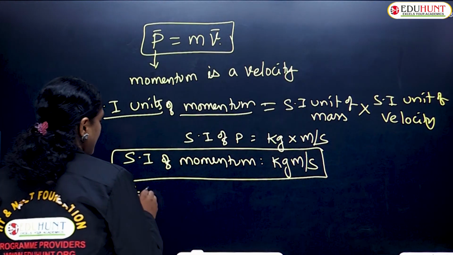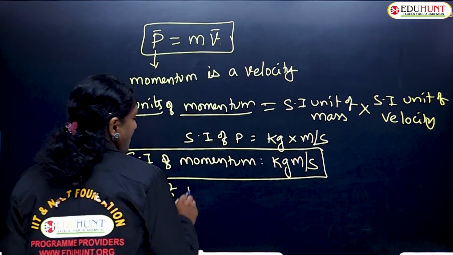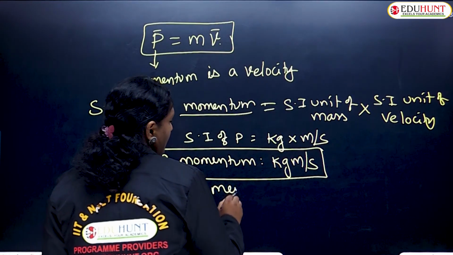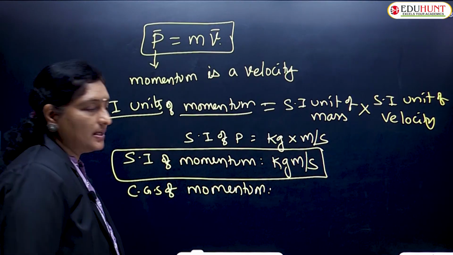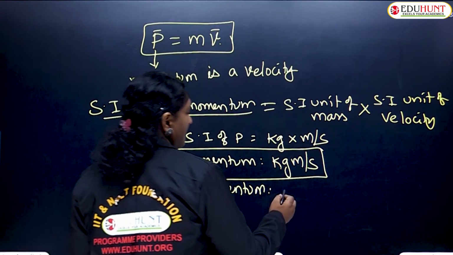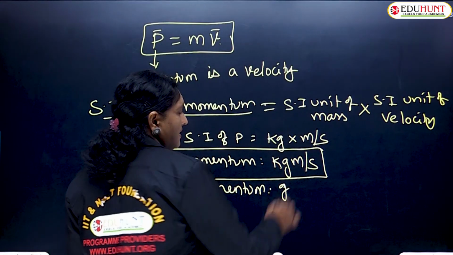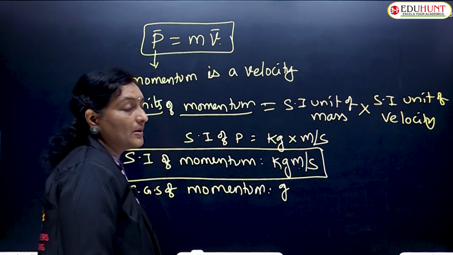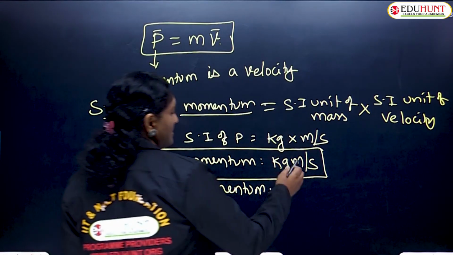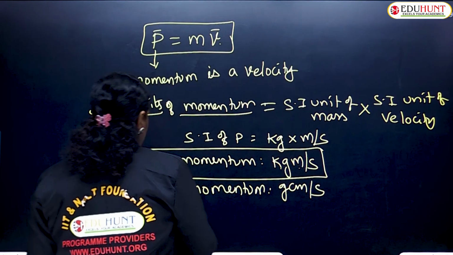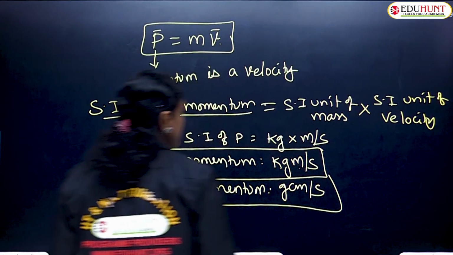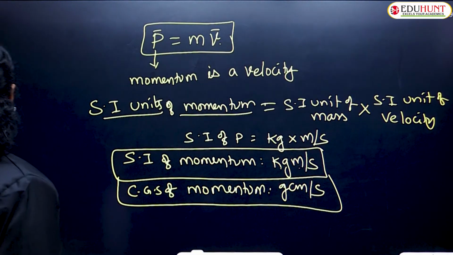Similarly, if you would like to write down the CGS unit of momentum, instead of kg in the CGS system, the mass is measured in grams, and instead of meters we write centimeters, and second as usual. So the CGS unit of momentum is gram centimeter per second.